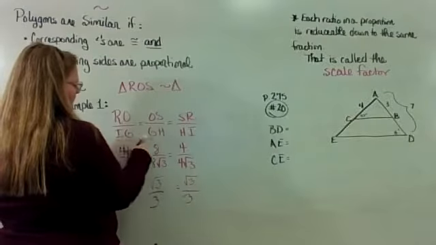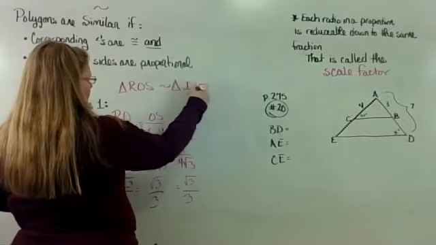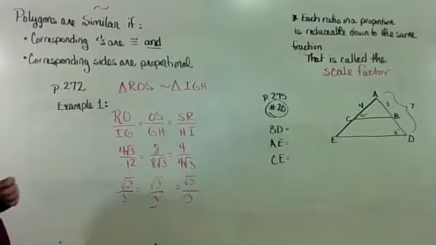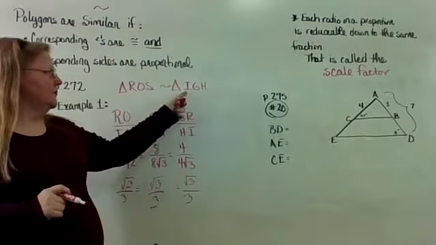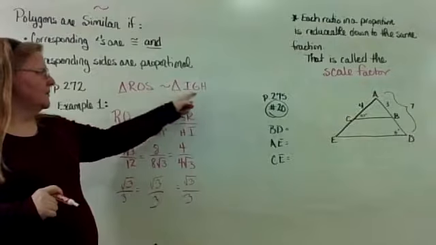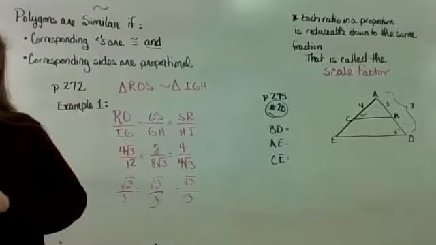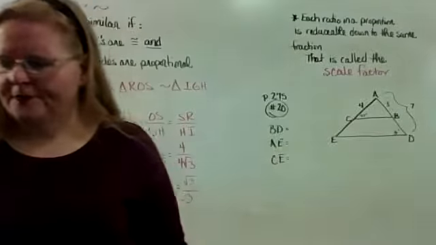So it would be IGH. So make sure you match up your angles, that your right angle matches with your right angle, your 30 degree matches with your 30 degrees, 60 with 60. And if there are more letters, you gotta make sure those match up too.